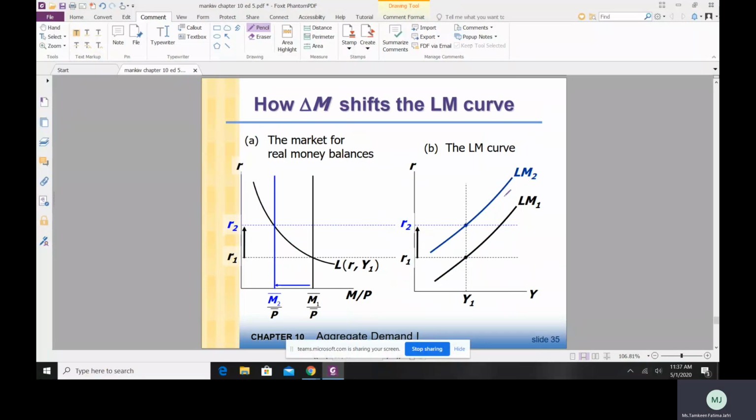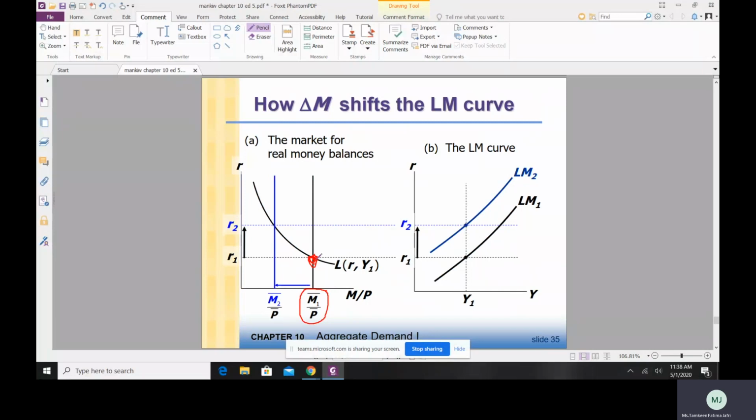Achha. Now move on to, let's look at the factors which can shift the LM curve. Okay, so एक factor जो हमने यहाँ identify किया है, that is the change in money supply. So let's just follow through what's happening in these two panels A and B. Initial interest rate is, let's suppose, R1, and the initial money supply is M1 divided by P. Okay, so my initial equilibrium occurs at this point.